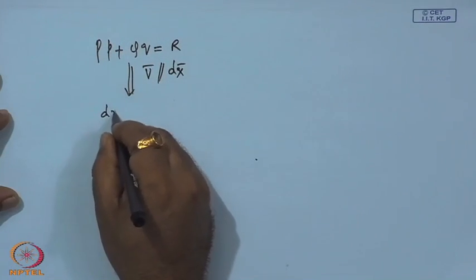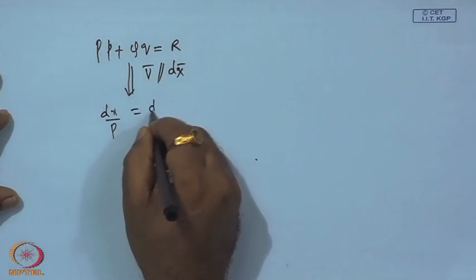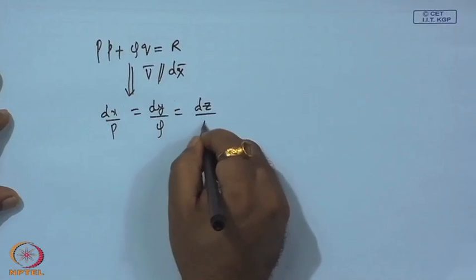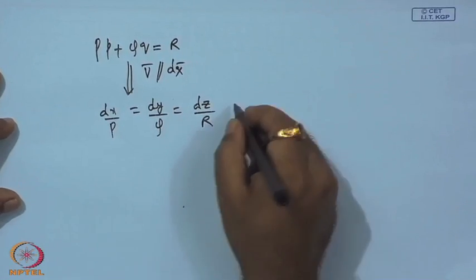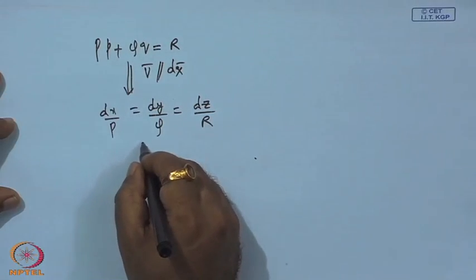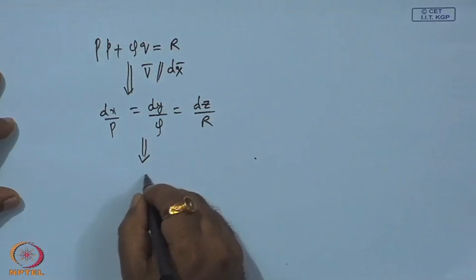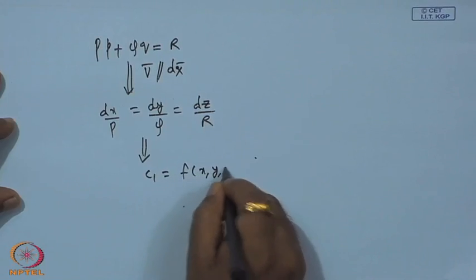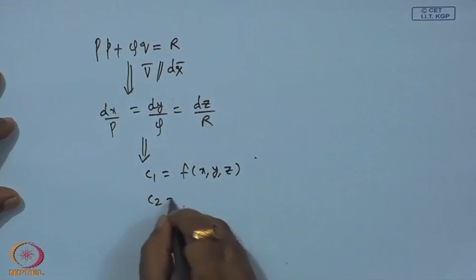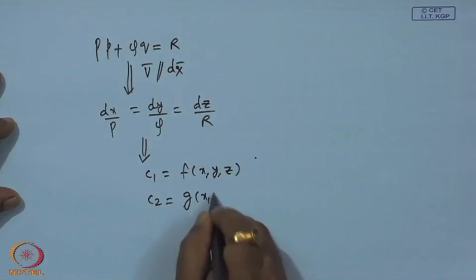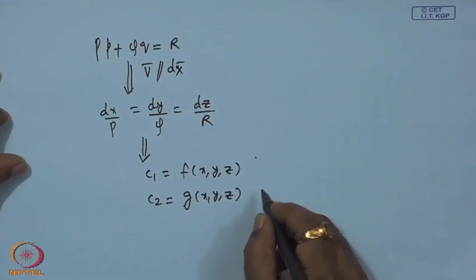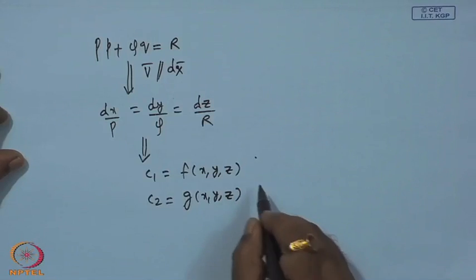So, this implies dx by p equals dy by q equals dz by r. So, this is a first order ODE system. This implies we get a two parameter family of curves which are tangent to V bar at each point.